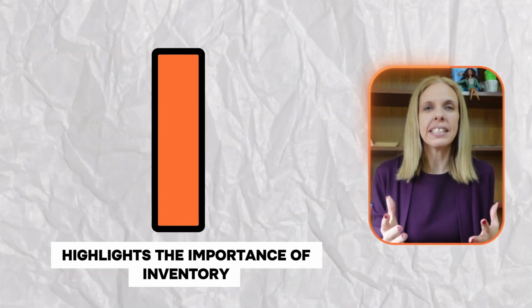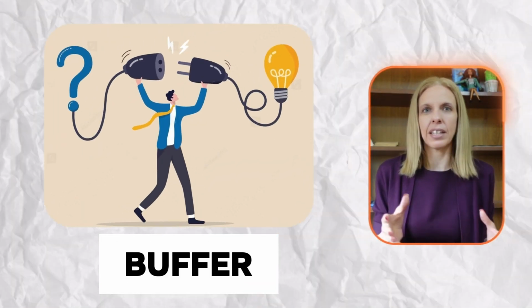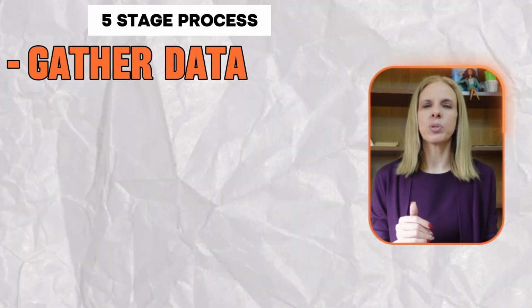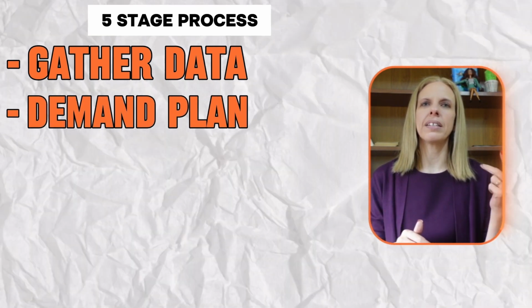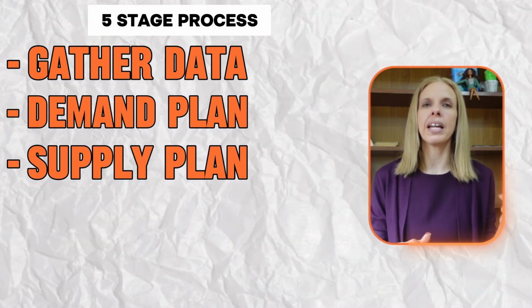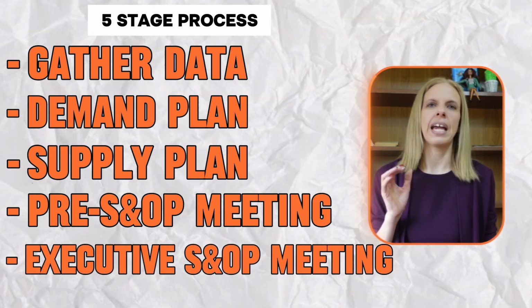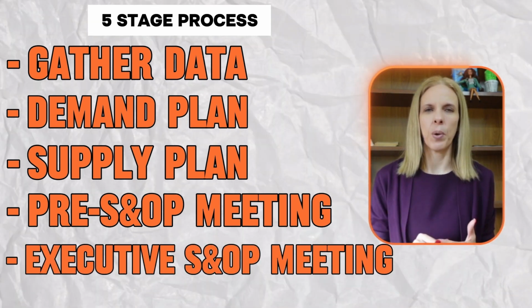That is precisely one of the buffers that companies use to balance demand and supply. However, S&OP and SIOP have the same 5-stage process. 1. Gather data. 2. Demand plan. 3. Supply plan. 4. Pre-S&OP meeting. And 5. Executive S&OP meeting.